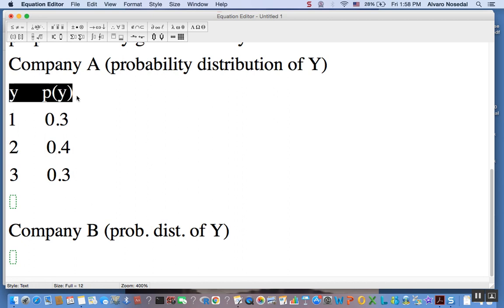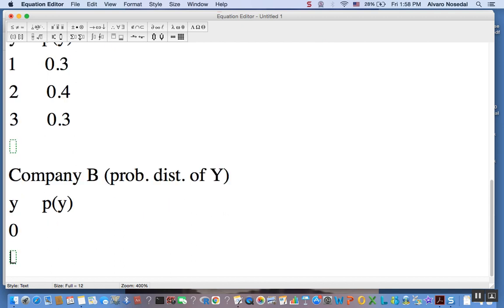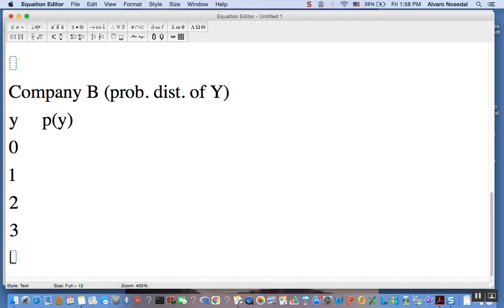So possible values of y for company B are 0, 1, 2, 3, and 4.